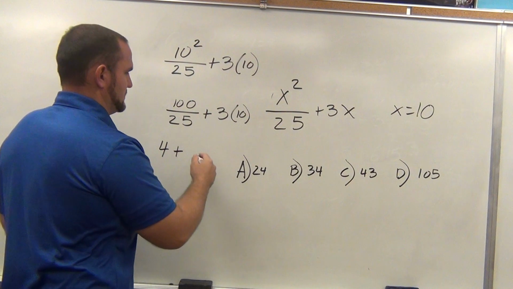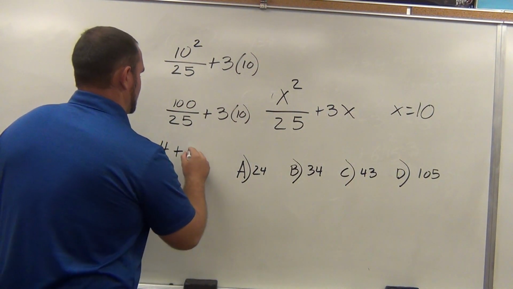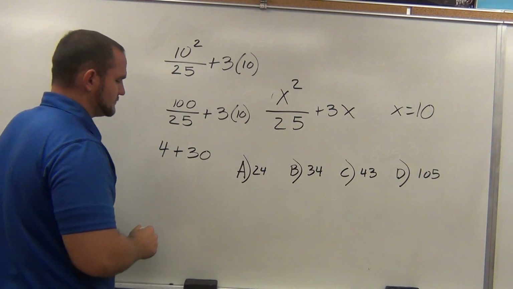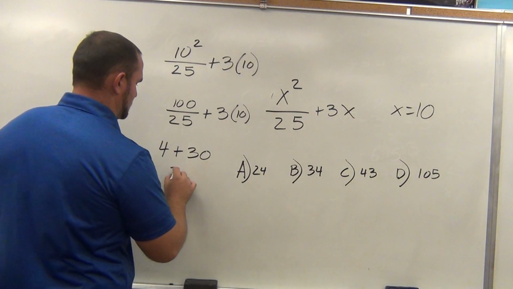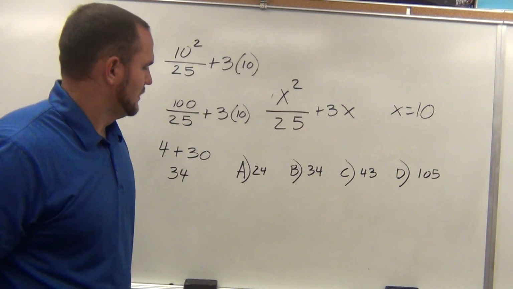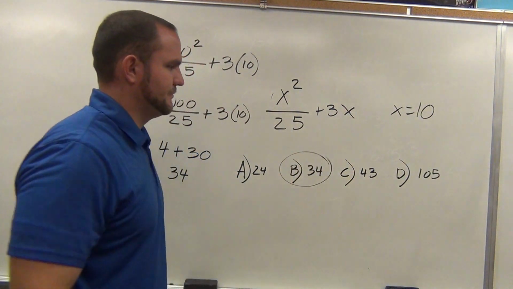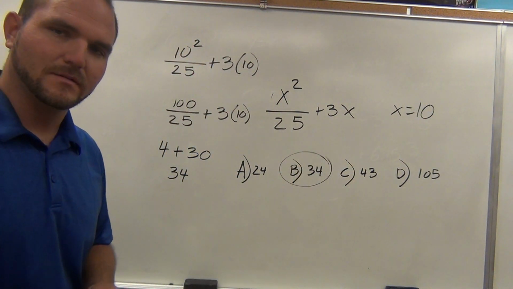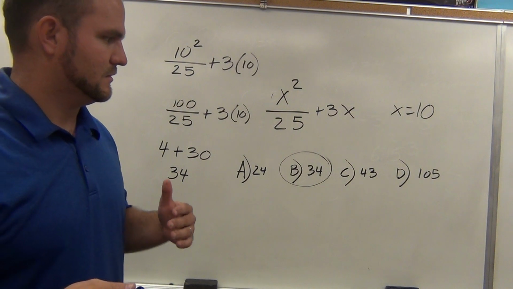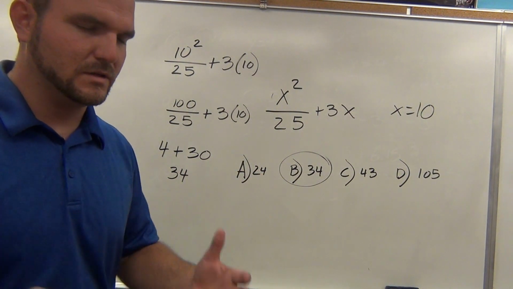That's 3 times 10, which is 30. And now my last step would be adding those two together. So we can tell that this would be our answer, B.